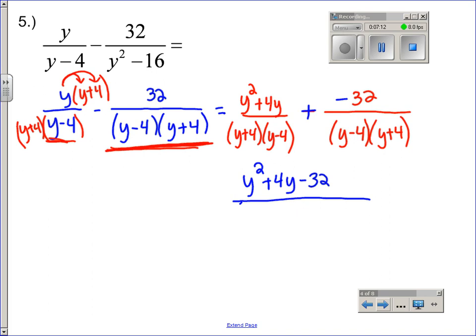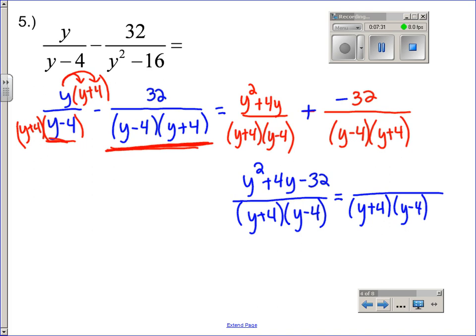What is our least common denominator? It stays the same. So now from here, we're going to look. Is there anything that we can factor, we can simplify down? Yes, the top. We can factor the top. I'm just rewriting the bottom.